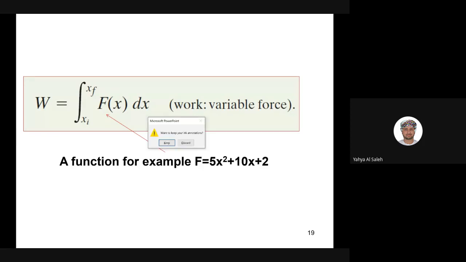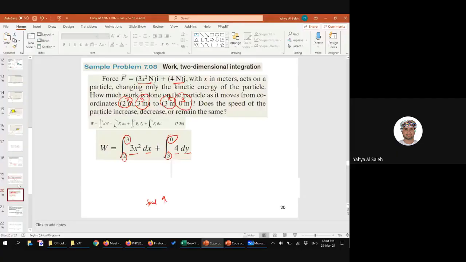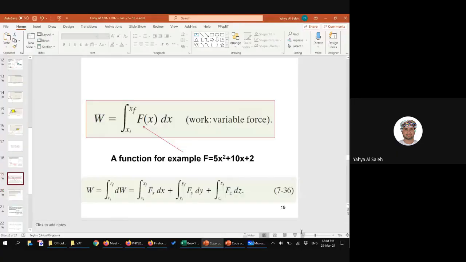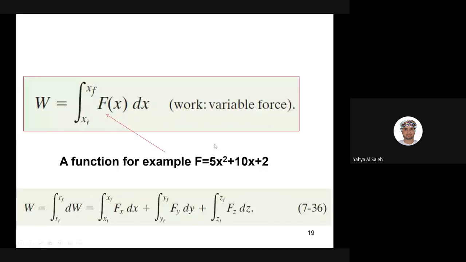Now, in the previous lecture, we mentioned that if I have a function, I simply input it into the integration, integrate it, and I end up with the work done. Sample problem 7.08 in your book is quite nice.